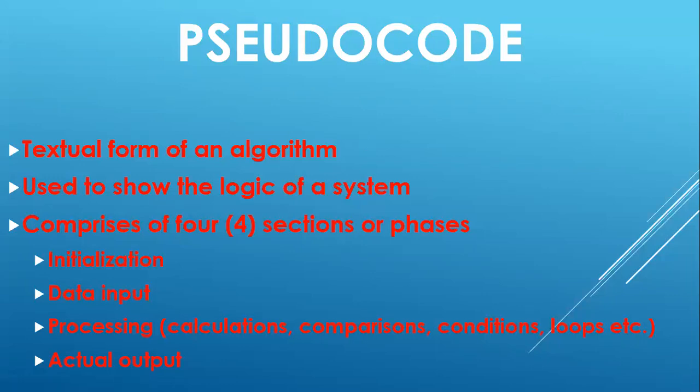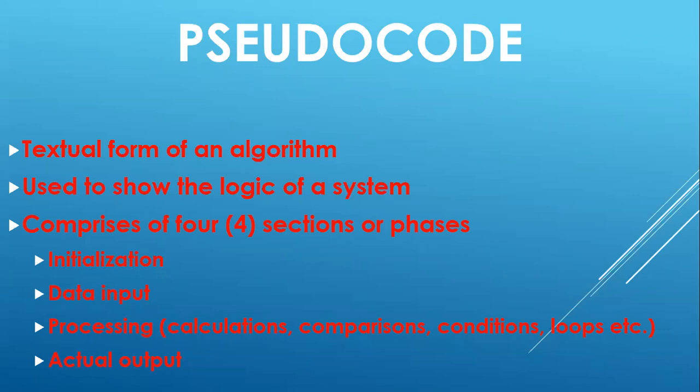Nature means data types. The second section of a pseudocode is designed to input data into the system. In this section, the program or system will ask to input a few values according to requirements.